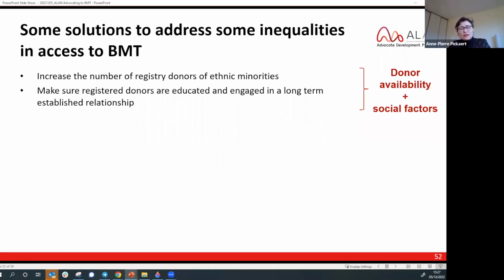Also making sure that donors, regardless of the community they're from, really understand what they're registering for. There are donor drives that create a lot of emotions. We had a particular situation in France, which is a rare case because it's not normally done that way in France, but you had a patient story of a little boy in need of a bone marrow transplant.